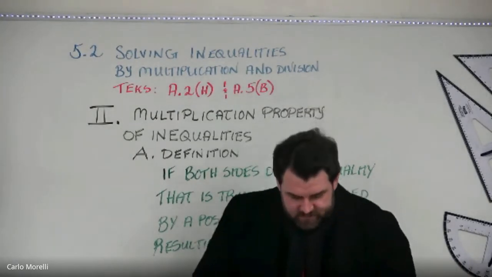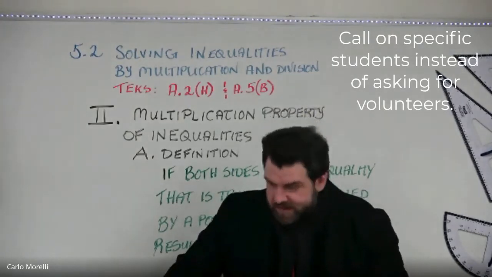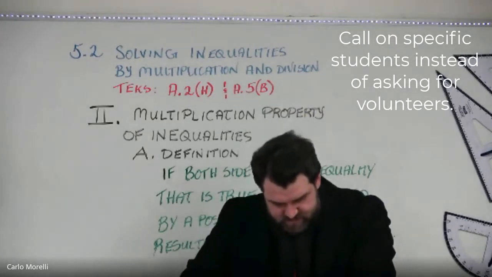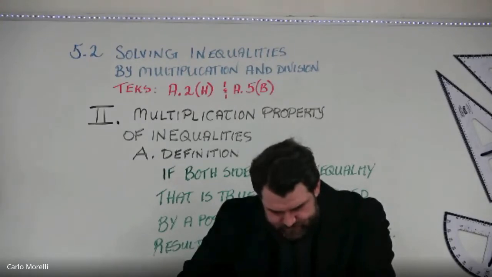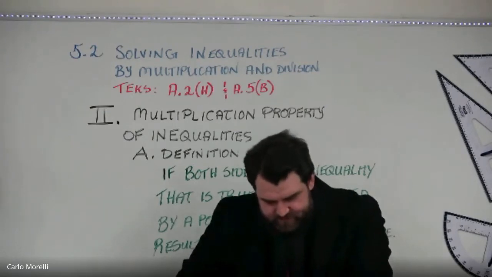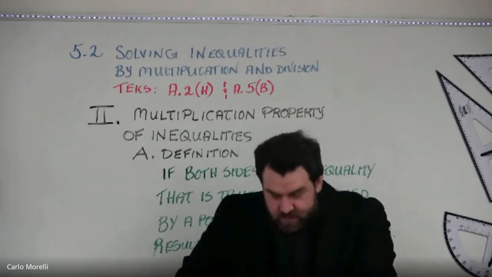Now let's have Victor. You're good at reading. Read A.5b. Solve linear inequalities in 1 variable, including those for which the application of the distributive property is necessary and for which variables are included on both sides.